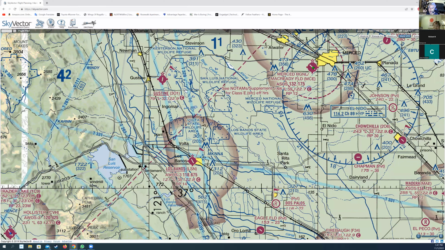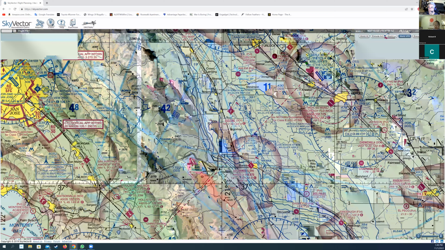So at Guston Airport, you could theoretically fly 30 minutes before sunrise or 30 minutes after sunset if you have a beacon that's visible for 3 statute miles and you're less than 1,200 feet. Make sense? How about at Los Banos? That same rule, 700 feet. Make sense? That's Class G airspace for you guys.